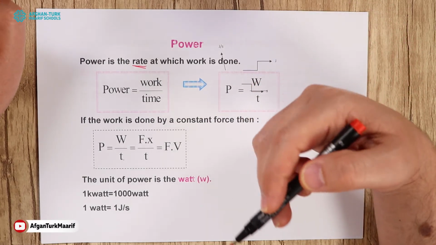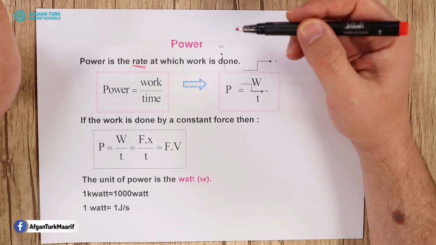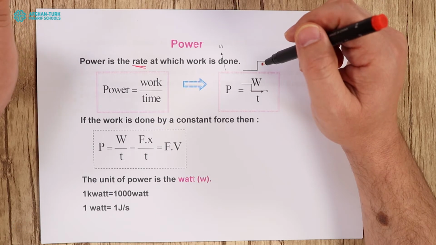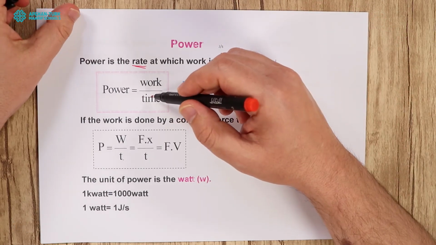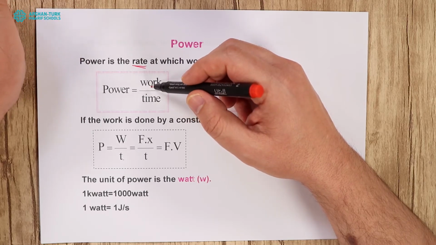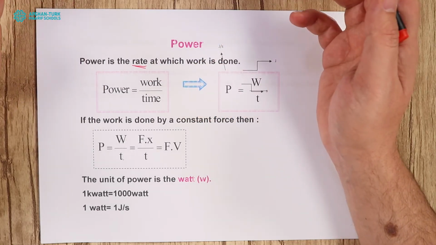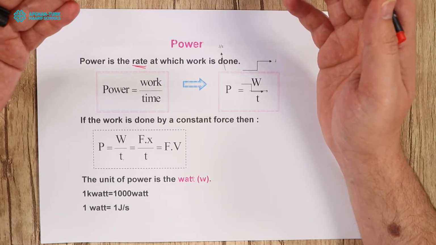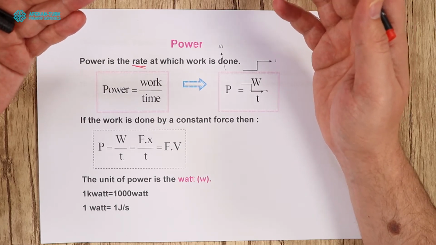The formula of power is work divided by time. Power needs two parameters, work and time: for the given work, how long it takes to finish.